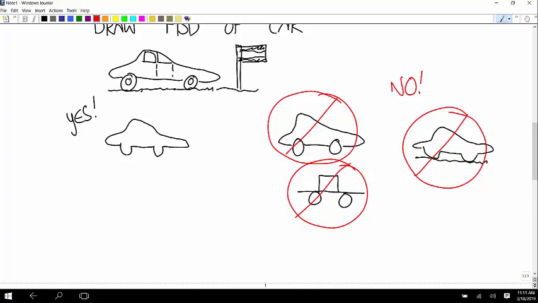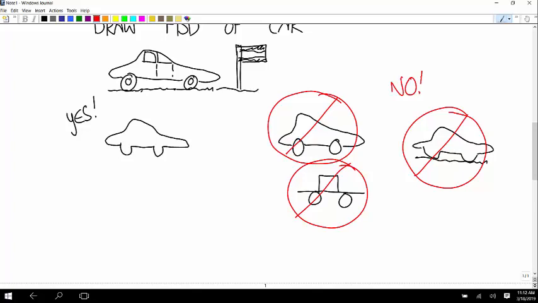So here we know that the wheels are included. We know that the body of the car is included. We know the grass is not included. The flag is not included. It's easy to see. Here, they're internal details. Okay. That can confuse what the boundary is and what's inside the boundary and what's outside. So no internal details.